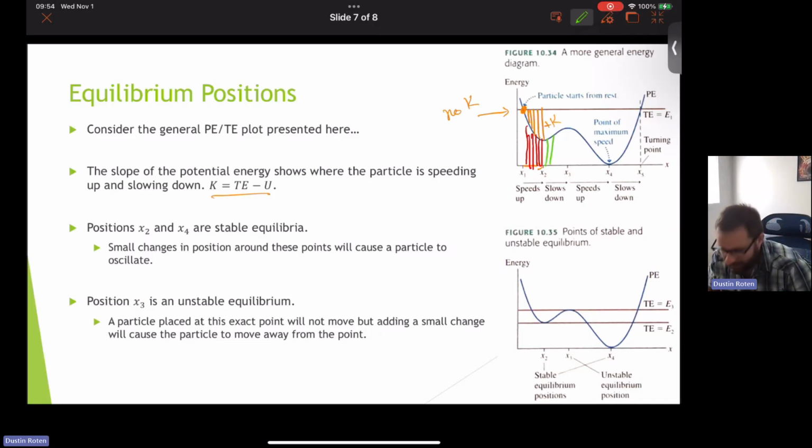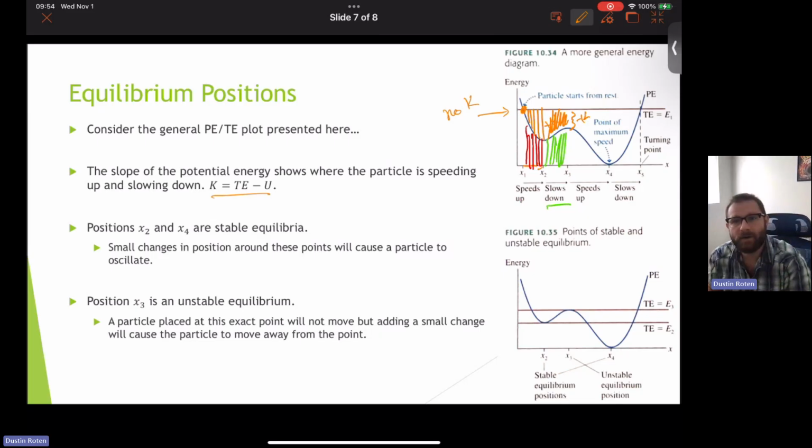From x2 to x3, we have to be slowing down because we're gaining potential energy, which means we're losing kinetic. So if one of these grows, the other one has to get smaller. So for us, we've lost kinetic energy. That's a minus K right there.